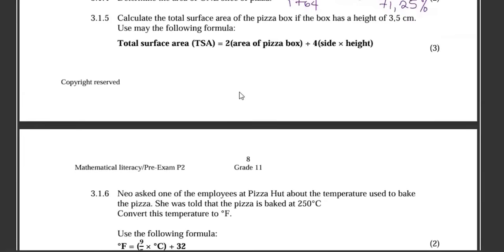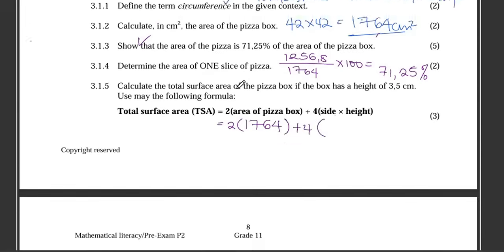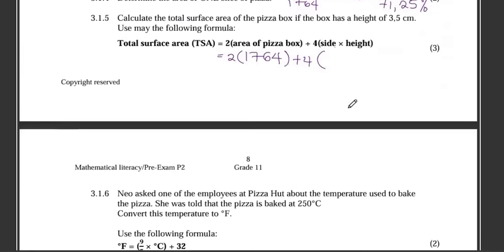So they're telling you 2 times the area of the pizza box that we've just seen, which we saw as 1,764, plus 4 times the side. The side they told us it was 24 centimeters, isn't it? Or 42, sorry. It was 42. Thank you.